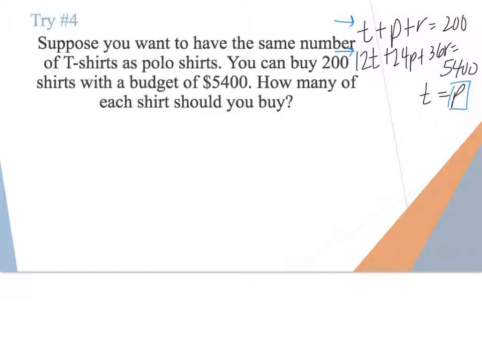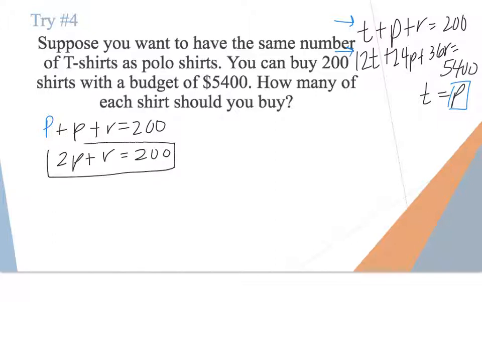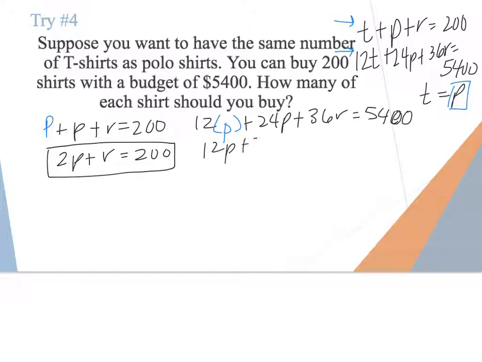So here we go. So if I rewrite the first one, I'll have P plus P plus R equals 200. So that becomes 2P plus R equal to 200. That's the first one. Okay, if I fix the second one, that is 12 times P plus 24P plus 36R equal to 5,400, which is 12P plus 24P plus 36R equal to 5,400.